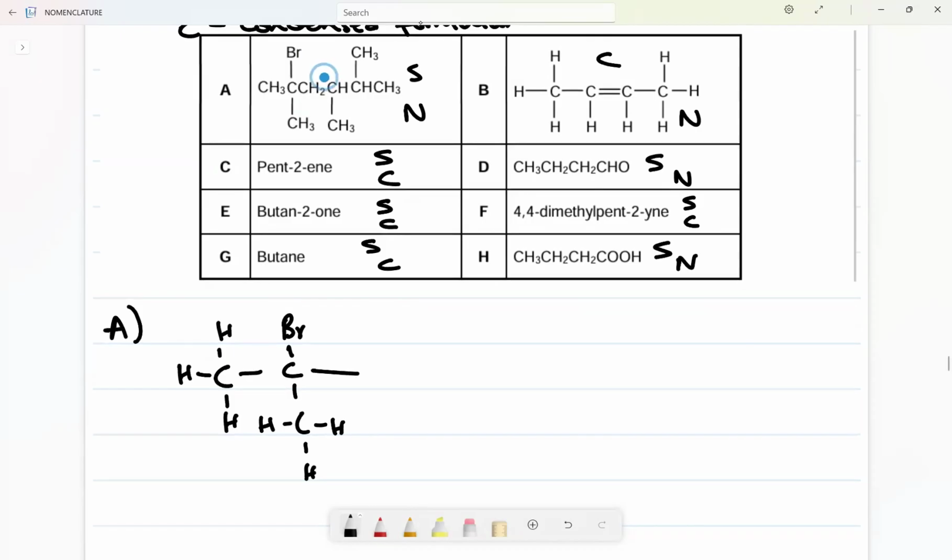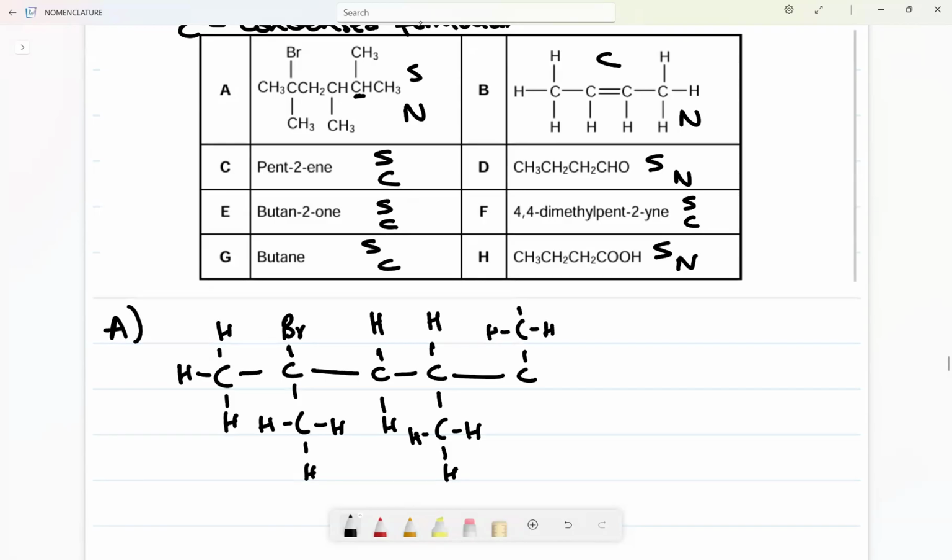Then I have a CH2. So I have a C and an H. Then I have CH, then a branch. So on that C, I have a branch like that. I also have an H. Then I have C and a branch, but I also have an H. So it will be like that.